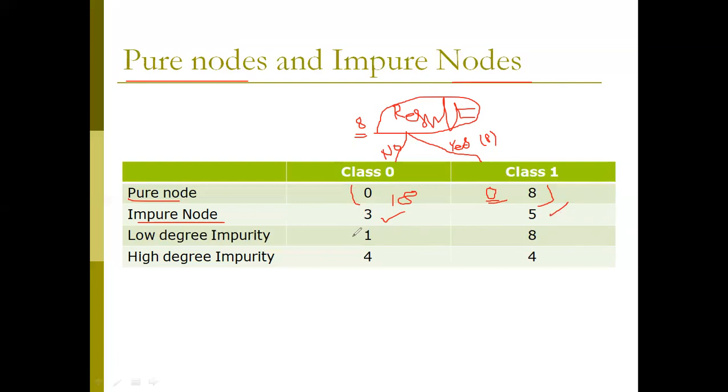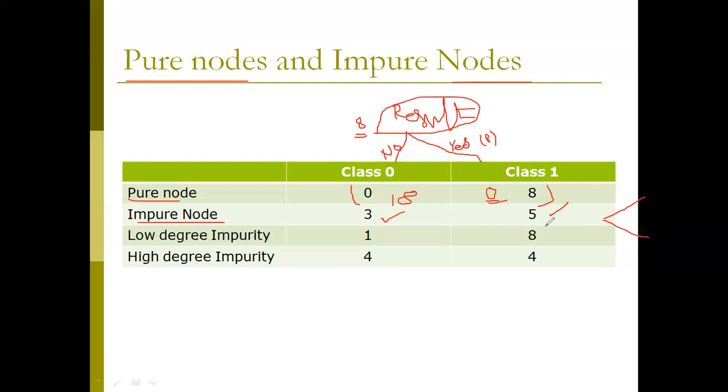Whenever you get an impure node, from this node onwards you are going to test another attribute. Whenever we get a pure node, that pure node is considered a leaf node. There is no need for attribute checking at the pure nodes.